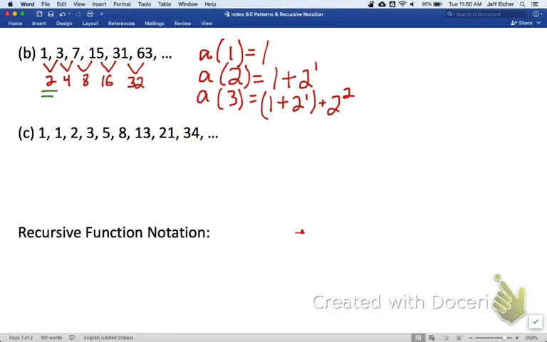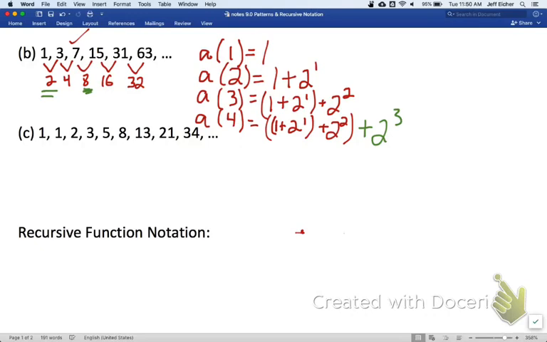All right, that would be 3 plus 4 is 7. 7, check. And to get our fourth term, this is a lot to write, we need to take 1 plus 2 to the first plus 2 squared, and then we need to add 8 to that, which is adding 2 cubed.